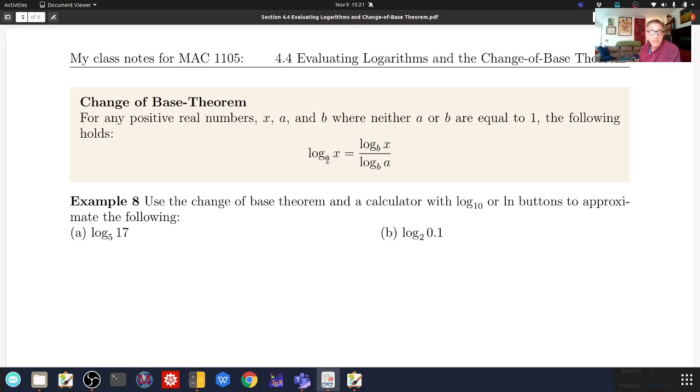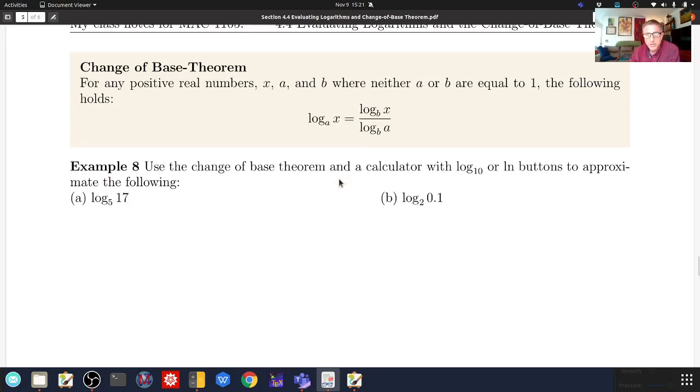We have a change of base theorem. So the log to any base a of some number x is equal to log to the base b of x divided by log to the base b of a, where b and a are not equal to 1. So I'm able to choose my base there. So you just choose a base.